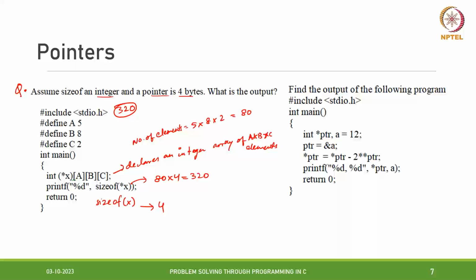But if you had written only int x[a][b][c], which is also something you could have written, then sizeof(x) would have given you 320, but in this case it will give you 4. So you are defining it in such a way that you are making a difference between the array itself and the pointer to the array. Is it a bit clear?